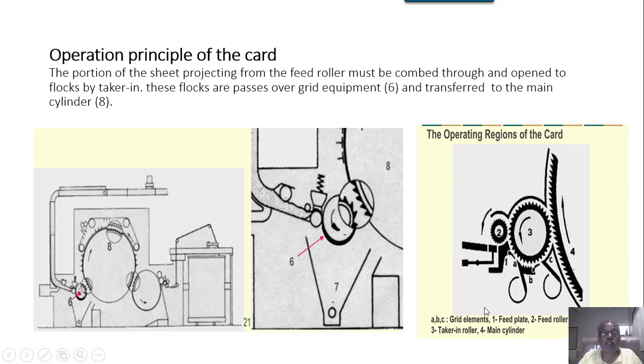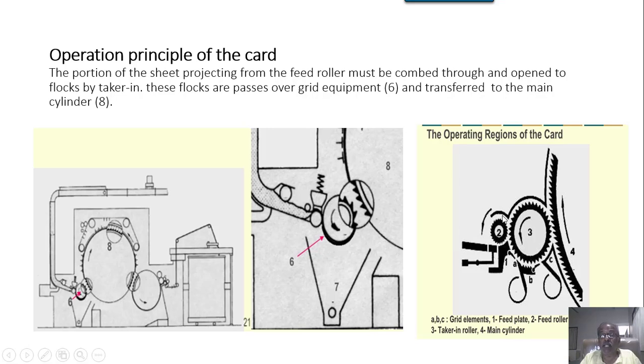We are basically discussing two systems, Rieter and Trützschler, so we can differentiate them from a technological point of view. We are not going to comment on the company, their belongingness, or other things. We are interested in what technology they have adopted and what it can do to the carded materials.